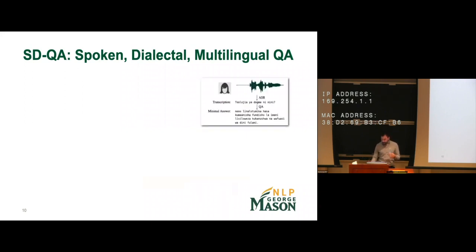So now the idea is that we have question answering in the setting that most people use it: you have your phone or a Google Assistant or Siri or Alexa, and you ask it, how tall is Usain Bolt? But you ask it in your own language and in your own variety. So we took the data from TyDi QA and had it recorded in many, many varieties.